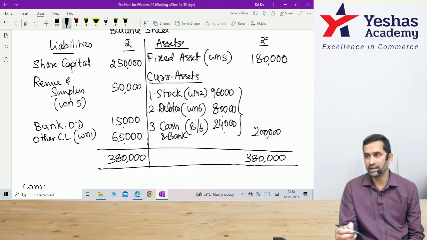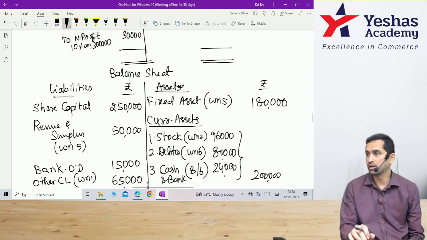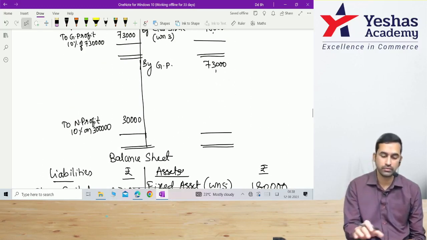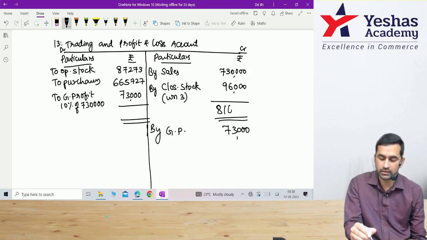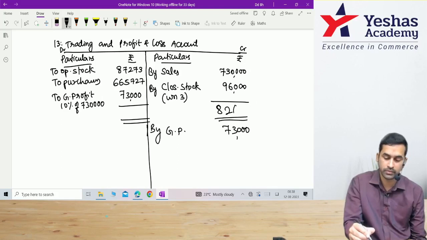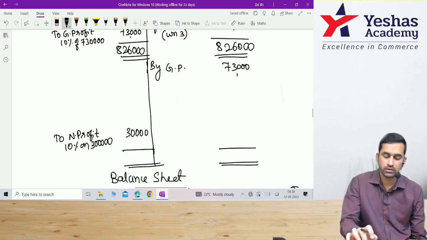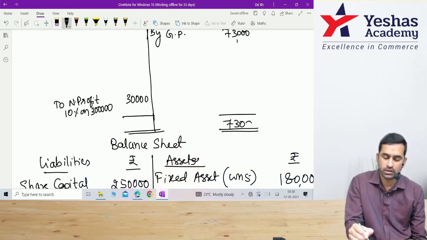In P&L account, we have GP and NP. We haven't totaled it yet. So if this is 73,000, by the way, how much was this total? 8 lakh 26,000. This is now 73,000. I don't have any information.